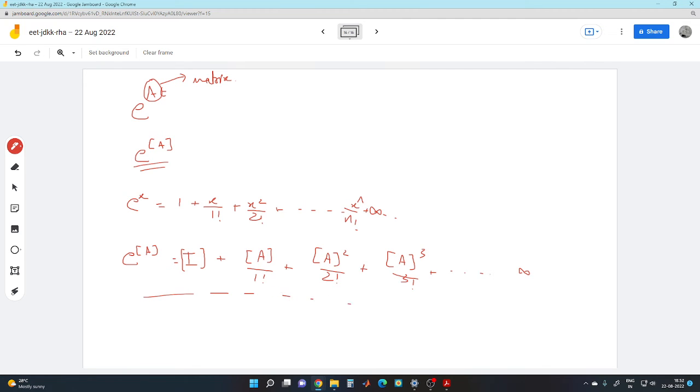But this is quite tedious to calculate. So for some special cases, this becomes much easier. Like for symmetric cases, there is an orthogonal decomposition possible such that A can be expressed as X inverse lambda X. Here X is the eigenvector matrix and lambda is the eigenvalue matrix.